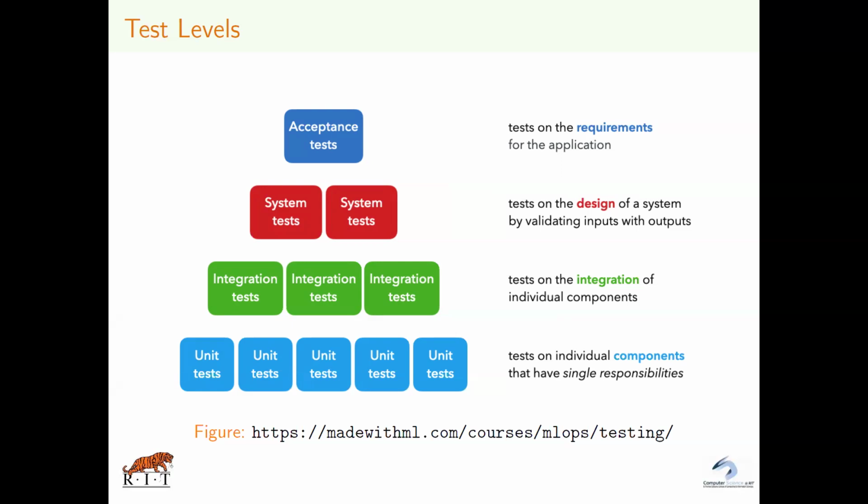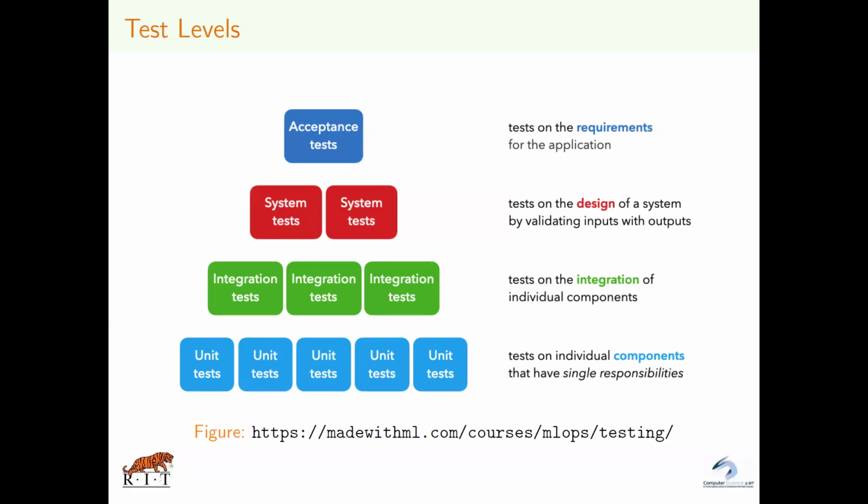It will test a couple of functions or more. Finally, if you want to test the entire system or entire project, which maybe consists of several files, it's called a system test or end-to-end test.